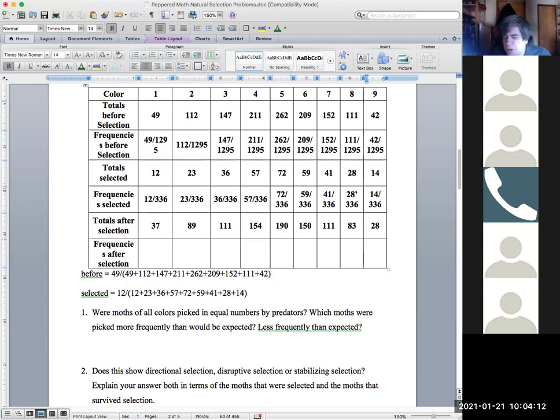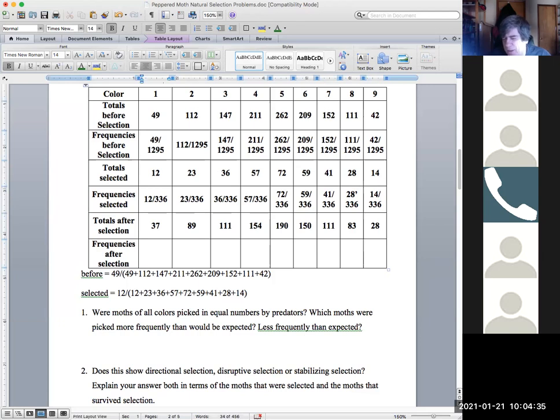Okay, now notice we know the total number of moths in our overall population: 1,295. And we know how many of them got eaten, 336. So notice we don't have to add up our totals for the after selection.